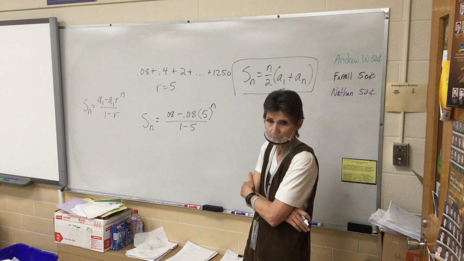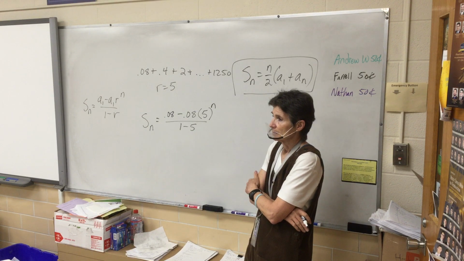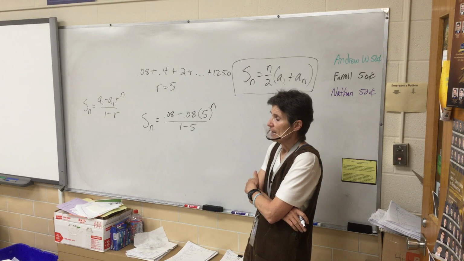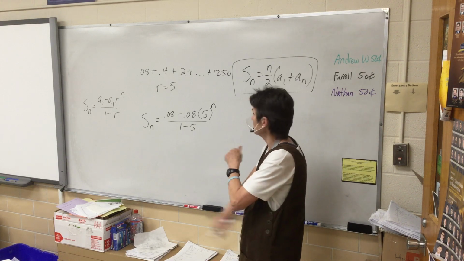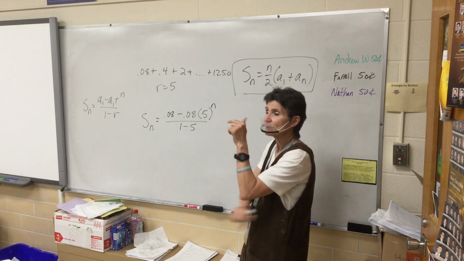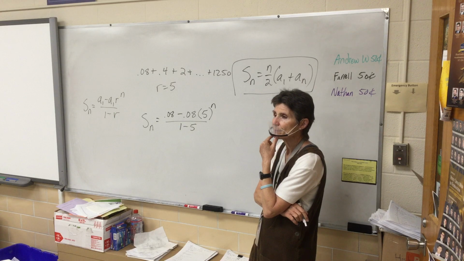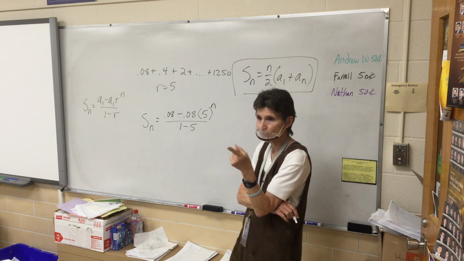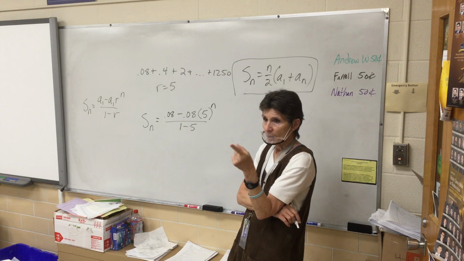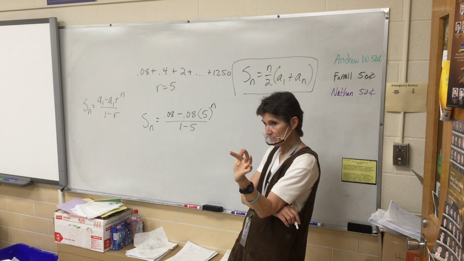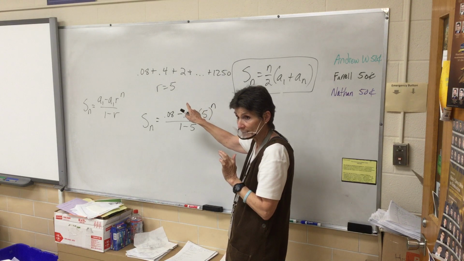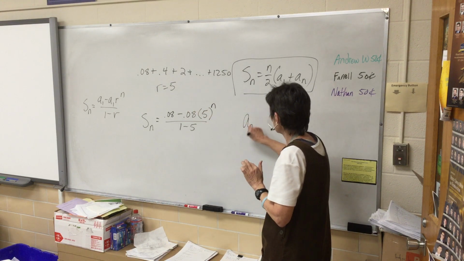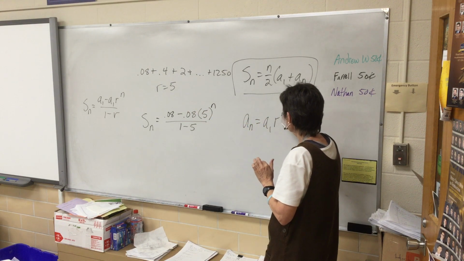Just like last time, I can't do the problem unless I know what that is. How did I figure it out last time? Use the other formula. Only this time, since it's geometric, I'll use this formula, because this is my geometric formula.